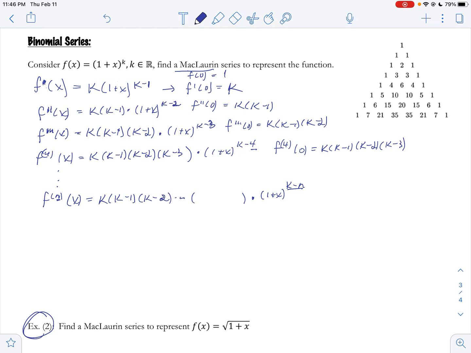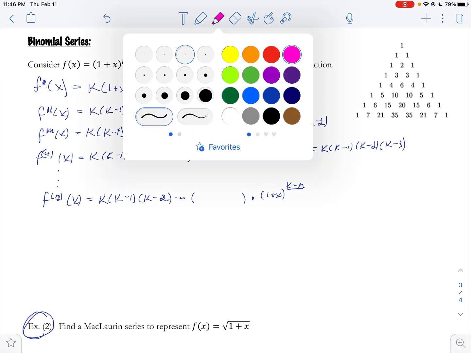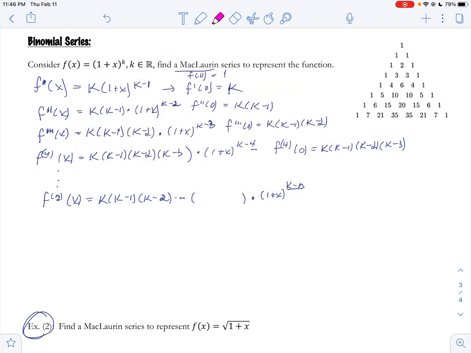Now we want to figure out what goes inside this parentheses. So that's a little bit trickier. So again, let me maybe try this. All right, so on the first derivative, we just go to k. So k minus 0 would probably be a good way of thinking about it. On the second derivative, we go to k minus 1. On the third derivative, we go to k minus 2.